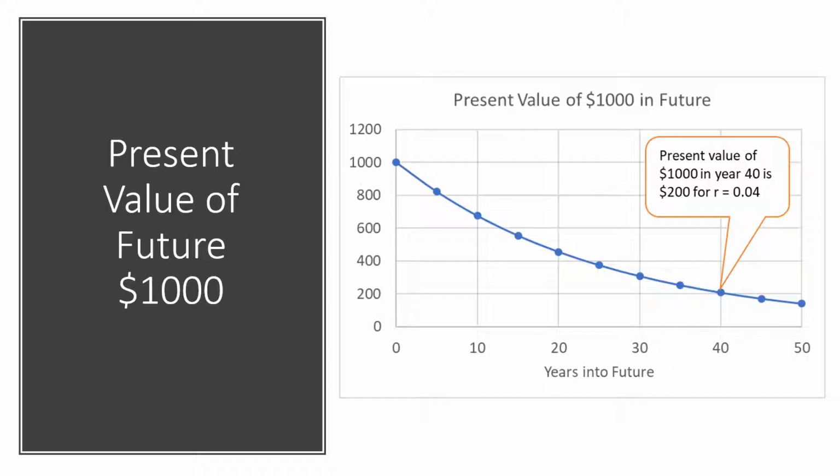And we can look at this on a chart. So in this case, we're looking at the present value of $1,000 at future periods, so 10 years in the future, 20, 30, 40, 50 years. As you can see, the present value of the $1,000 gets smaller and smaller the farther out we get. So when you get out to, say, 40 years, it's only about $200.